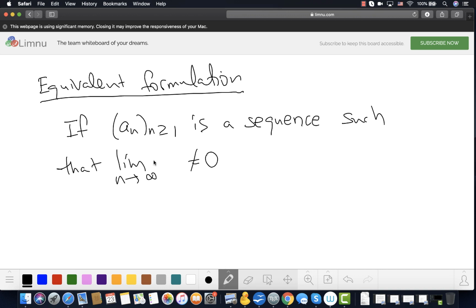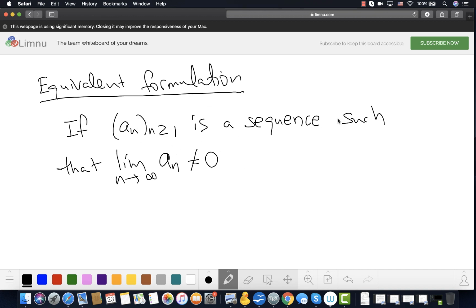This situation could happen if the an's diverge to begin with and there's no limit, so the limit can't be 0. Or the limit of the sequence could converge, but to a non-zero number. For example, the limit of the an's could be 7. This is the hypothesis we need to apply the divergence test.